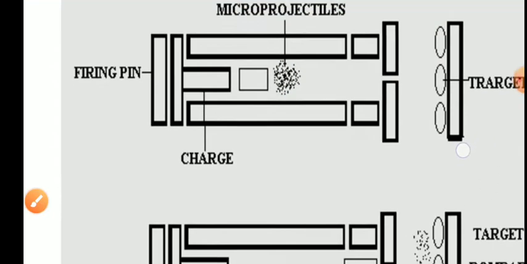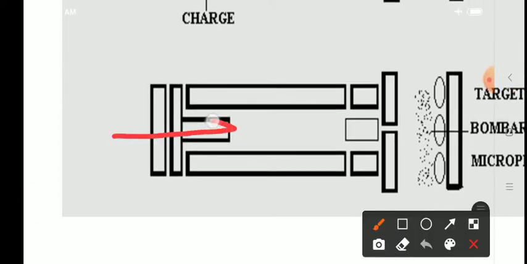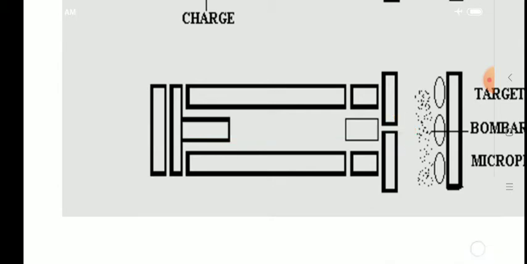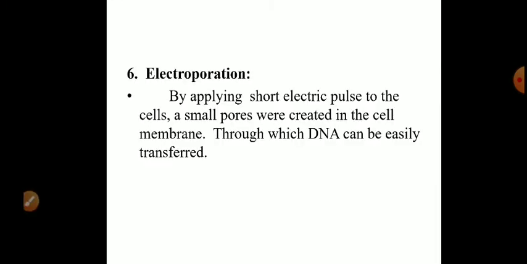As soon as the pin is pressed, the microprojectiles are fired on the target cells and directly enter inside them. So it is a sure-shot method of introducing foreign DNA into the host cell.